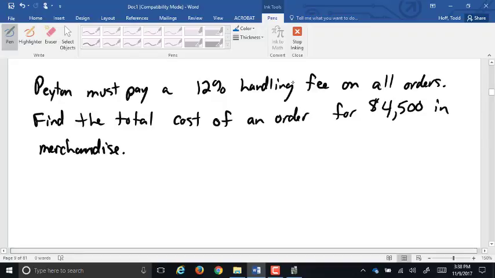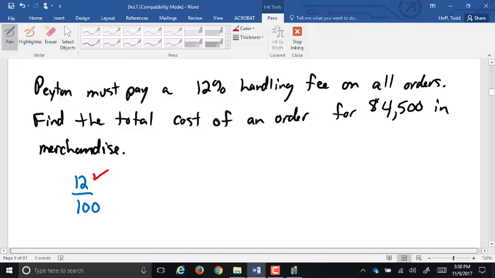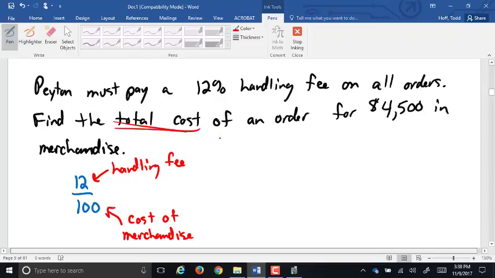So here we have that 12%, 12 out of 100. What does the 12 represent? The handling fee. What does 100 represent? It is the cost of the merchandise. Is that the same as the total cost?